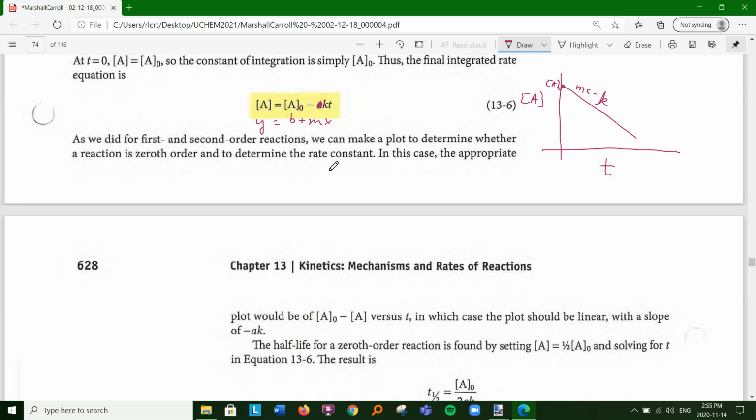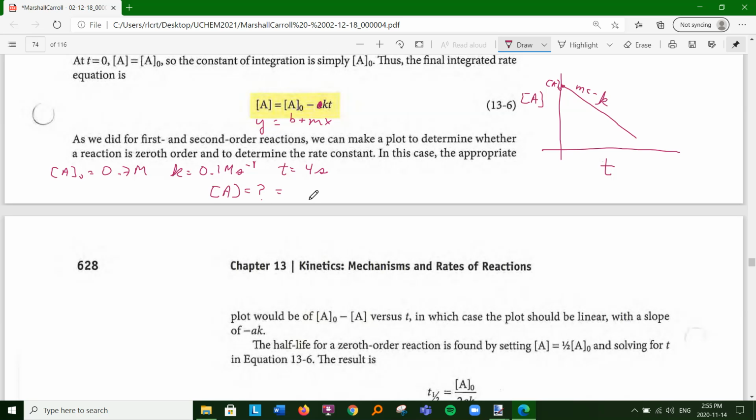So let's make one up. Suppose we started with 0.7 molar and my K was 0.1 moles per liter per second, and I looked at it for 4 seconds, and I wanted to calculate the value of A after 4 seconds.